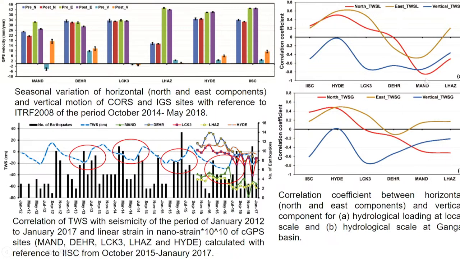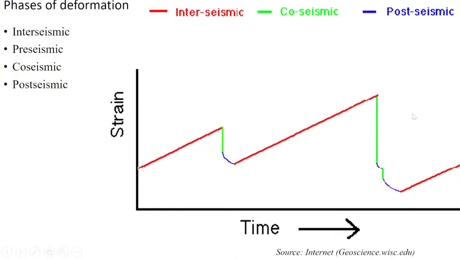The correlation is maximum, going almost to -0.8. This clearly shows the correlation coefficient is very high, meaning hydrological loading produces the maximum contribution at this station. Hyderabad ISC shows the minimum contribution, and Lhasa is also witnessing some contribution from hydrological loading.